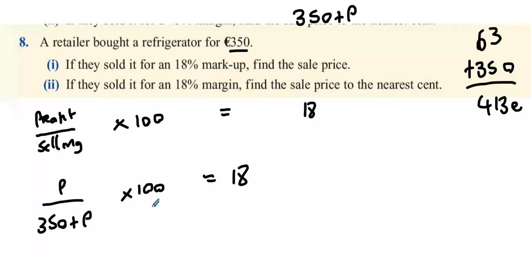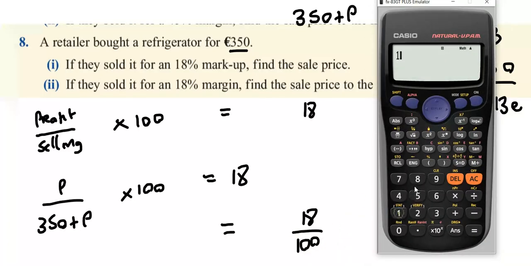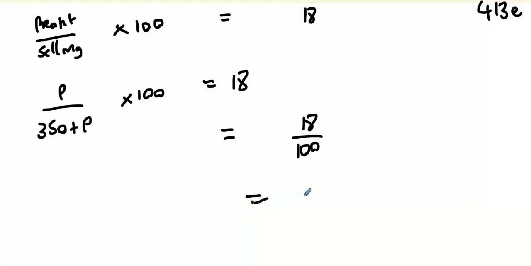Once again, the multiplication of 100 becomes division of 100 on the other side, and 18 divided by 100 is 9 over 50. And this will equal P over 350 plus P.